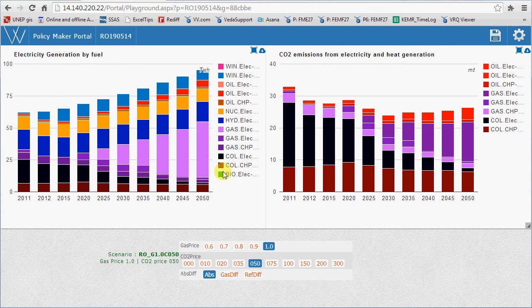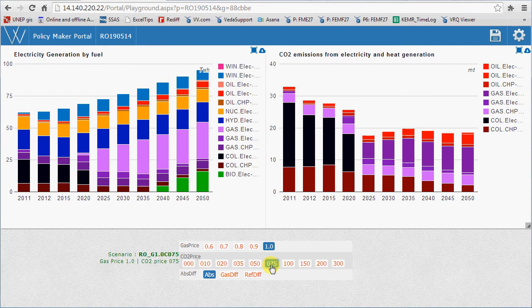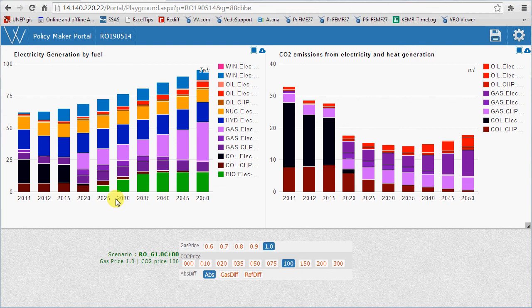It's all new gas starts dominating. At 75 bio comes in after 2035. At 100 bio comes in a lot earlier.